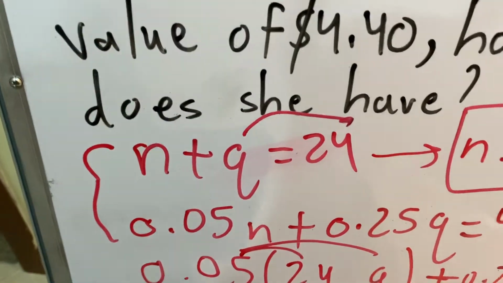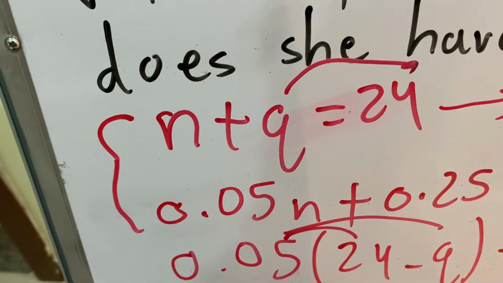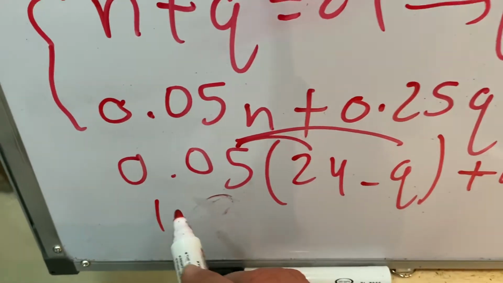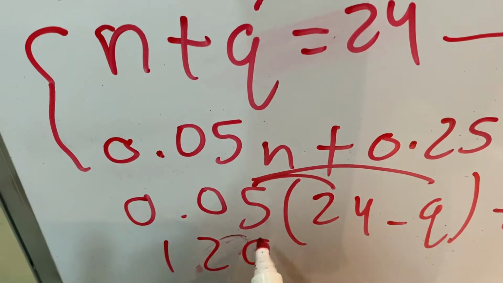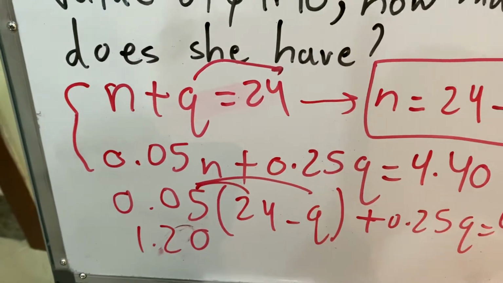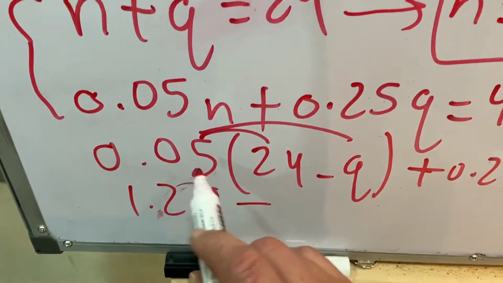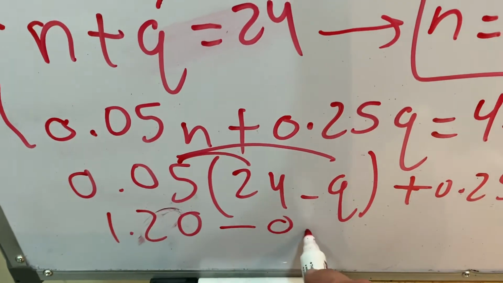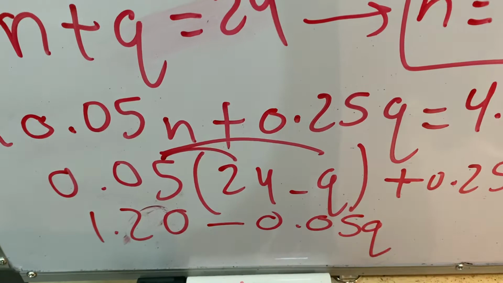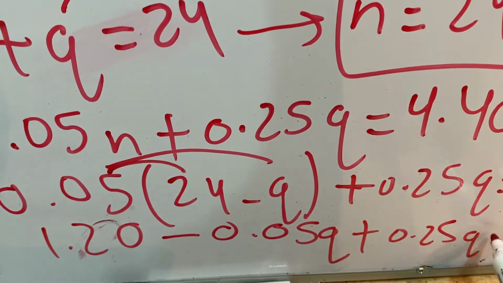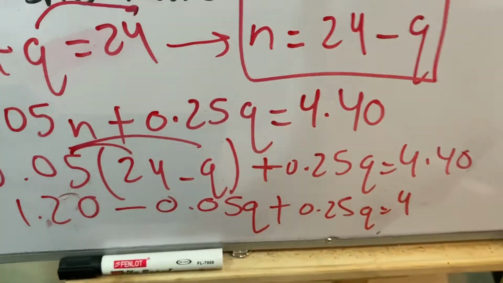So if I have 120, I should put after 2 decimals, so it will become 1.20. So minus 0.05 times Q, which is 0.05 Q, plus 0.25 Q equal 4.40.